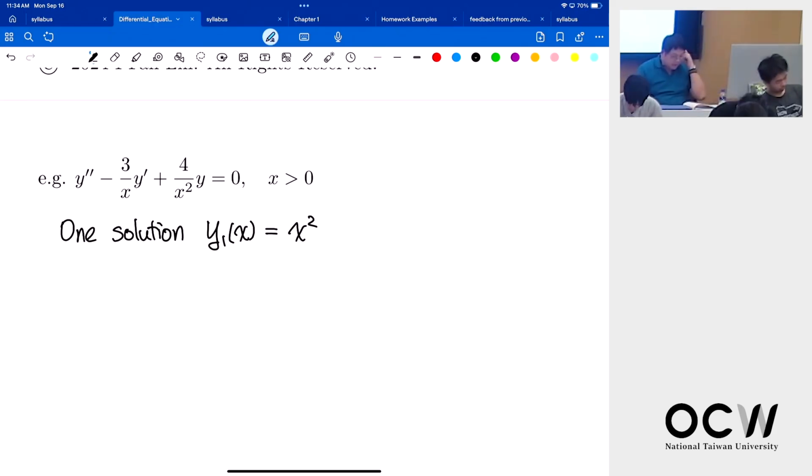Maybe this time I can give you, just try it. Just 3 minutes. Okay, you try it to see if you can find the other solution, y2, or even just the differential equation about u. Okay, let's go.